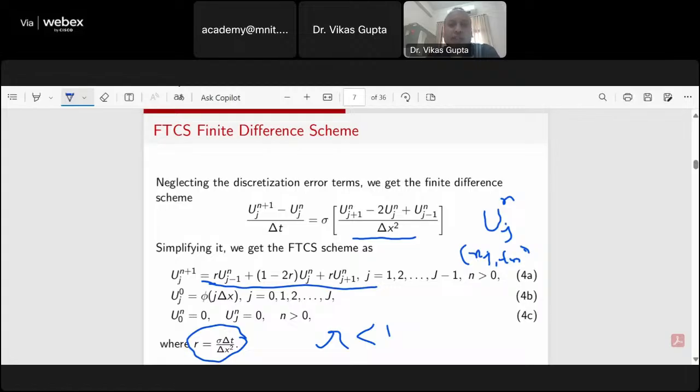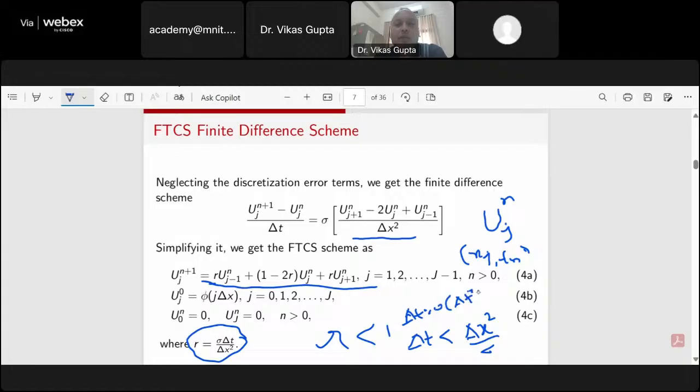So according to this restriction, delta t should be less than delta x square upon sigma, or roughly speaking, delta t should be of order of delta x square. So with this restriction, r should be less than 1.